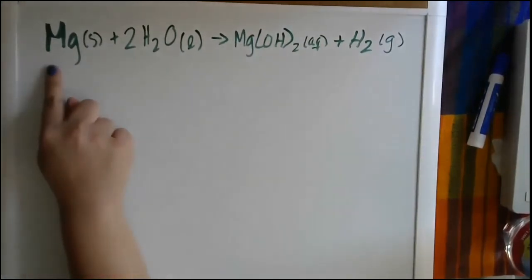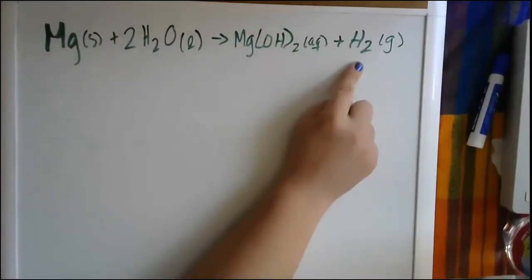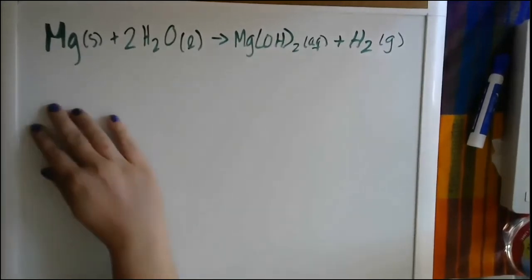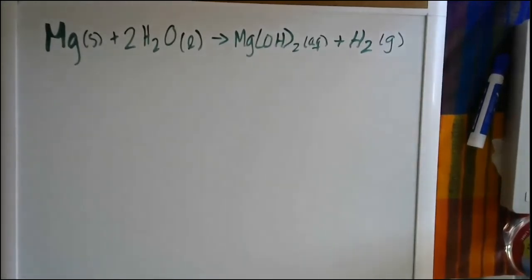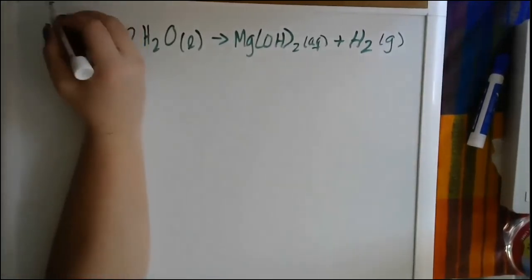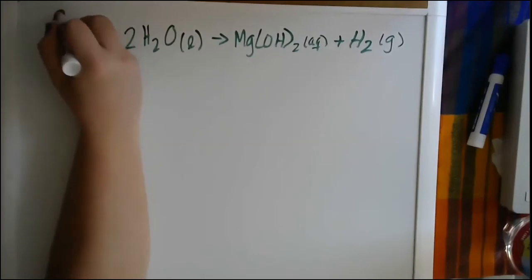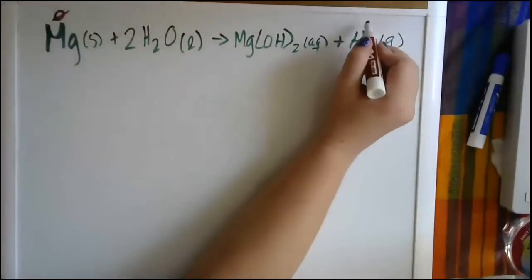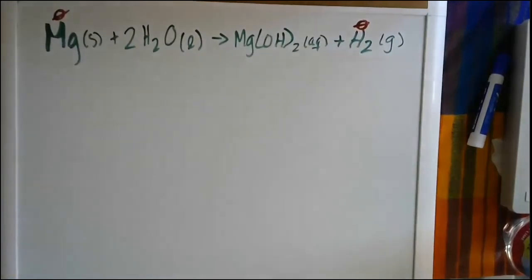I have elemental magnesium and I have elemental hydrogen in this balanced equation here. So right off the bat, I am going to say the oxidation state of magnesium is 0. The oxidation state of hydrogen is 0 because that is elemental magnesium and elemental hydrogen.